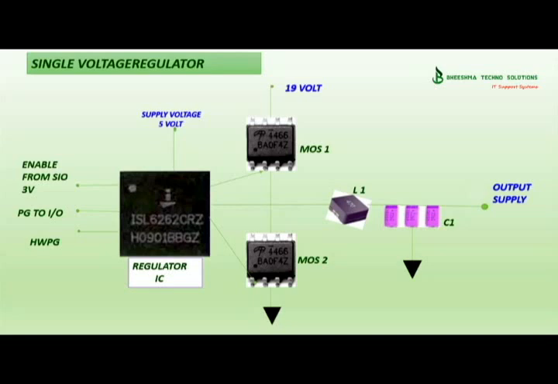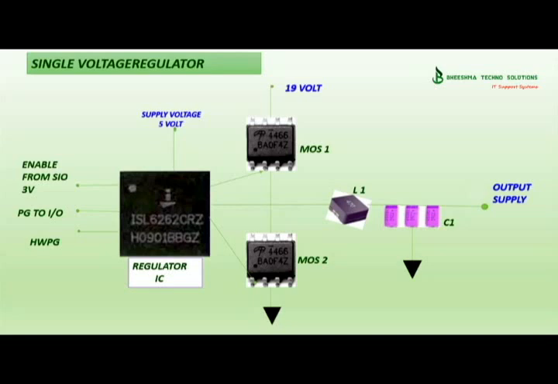The regulator IC suddenly cuts the gate signal from the high-end MOSFET, and this time the high-end will be in off mode and the low-end FET will be in on mode. In this on-off process, the step-down voltages will be filtered by the capacitors and the output voltage is present at the output point.